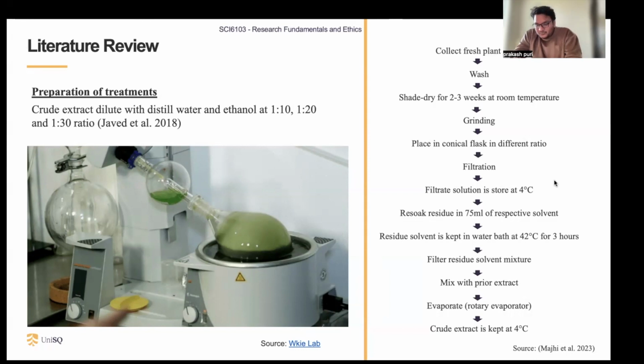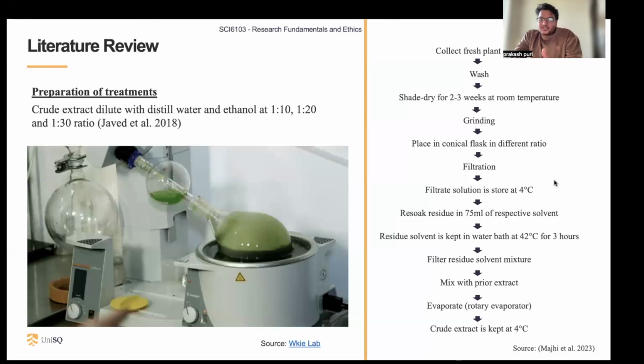The dry leaves then go through a grinding process. The powder form of the leaves is placed in a conical flask in different ratios with the medium, distilled water and ethanol. We can make ratios of 1:10, 1:20, and 1:30. After that, we filter, and the filtrate solution is stored at 4 degrees Celsius.